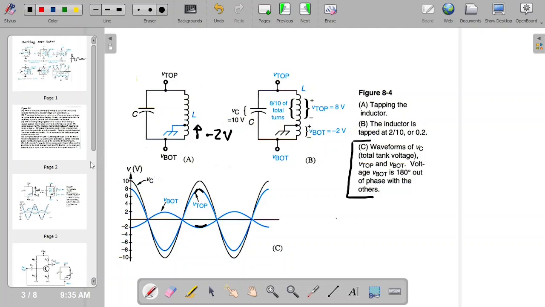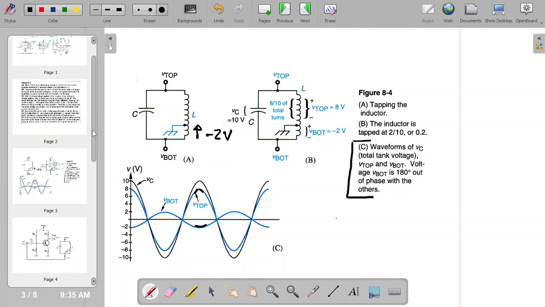Okay, so next, what else do you need to keep the oscillation going? You need to amplify the V bot, so that it goes to at least 10. So let's look at that.